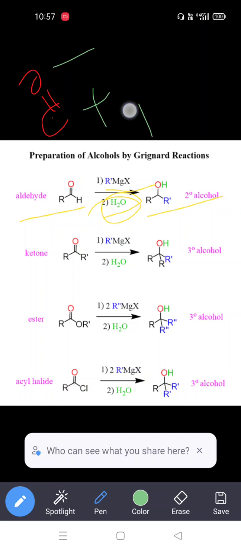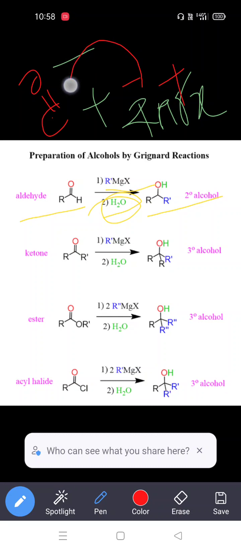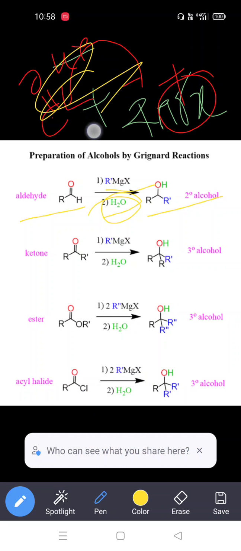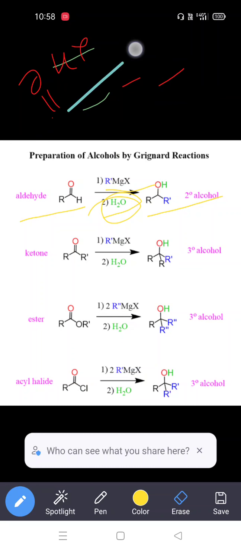In RMgX, it is different: the R has a negative charge and MgX has the positive charge. The R nucleophile attacks the carbonium ion, and MgX is added to the oxygen. So finally we get this product.